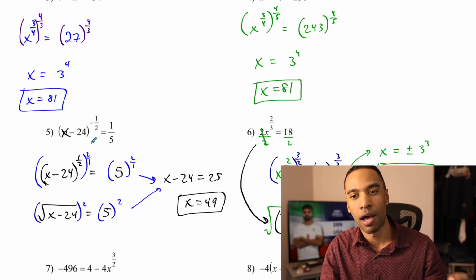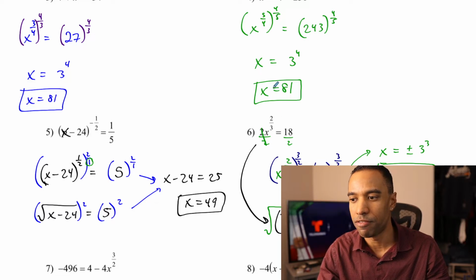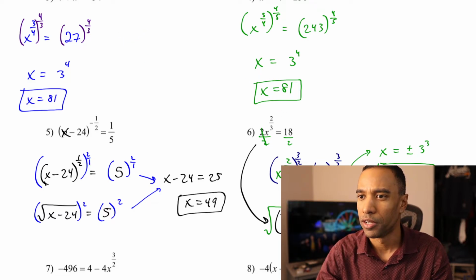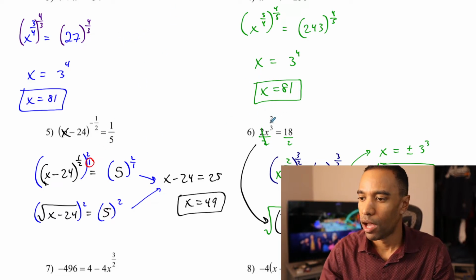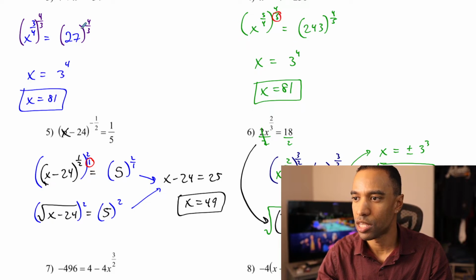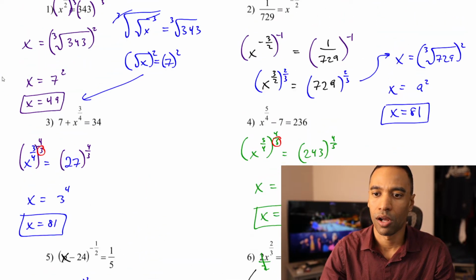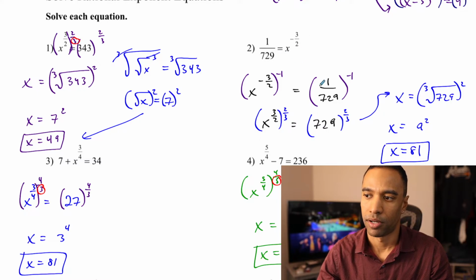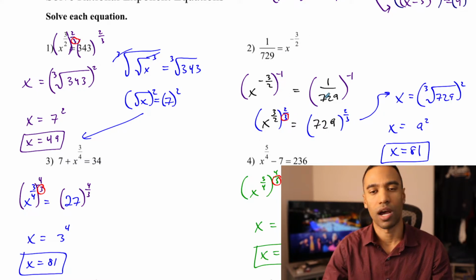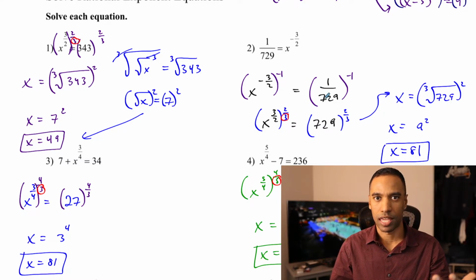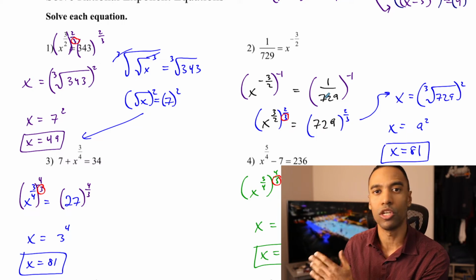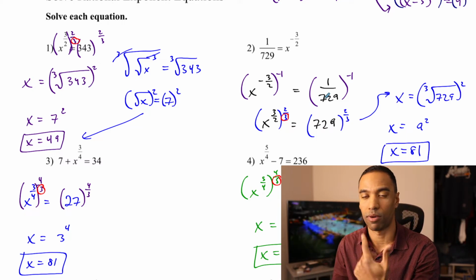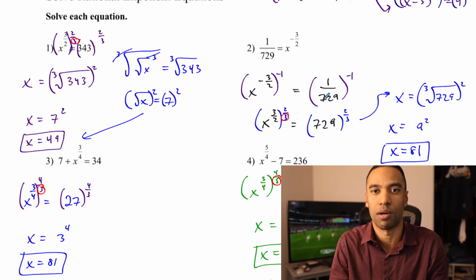What they all have in common is the denominator of these rational exponents that we raised to were all odd numbers. And raising it to an odd number denominator means you're taking an odd root. The cube root, the fifth root, or in that one case, the first root, which doesn't change the number.